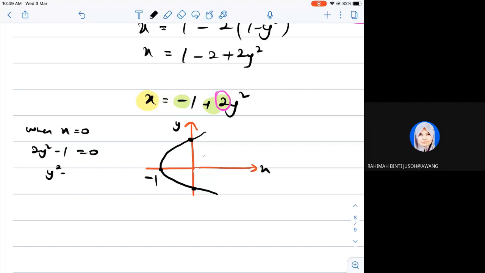So y squared equals 1 over 2. So y equals square root of 1 over 2. Okay, and then bawah ni negative square root of 1 over 2. Or you also can have square root 2 over 2, isn't it? Sama lah nilai dia.